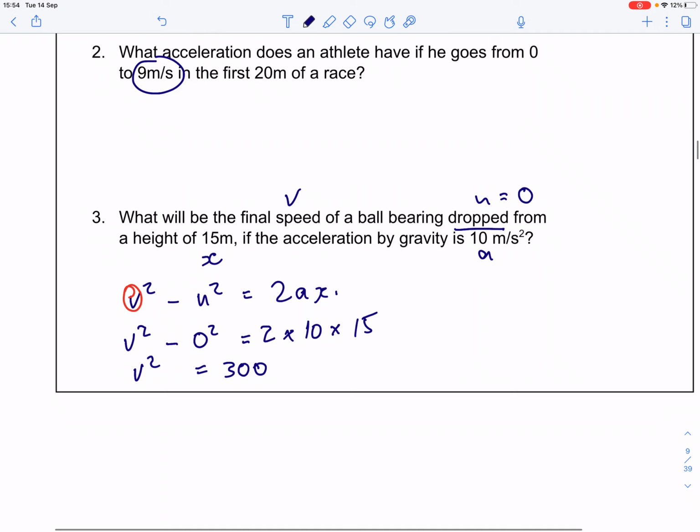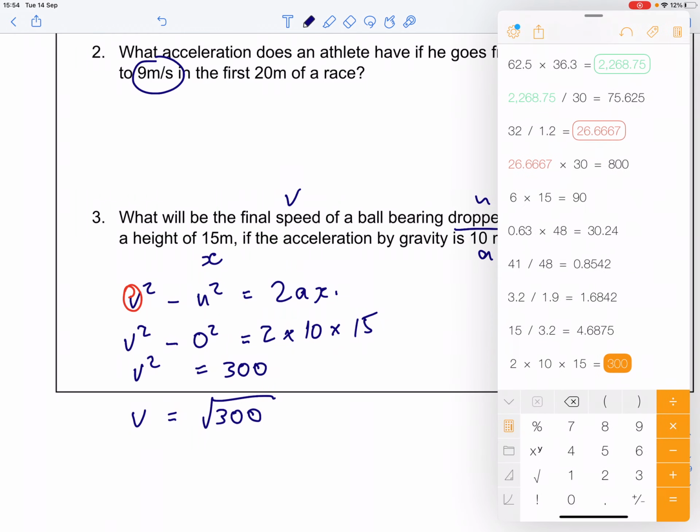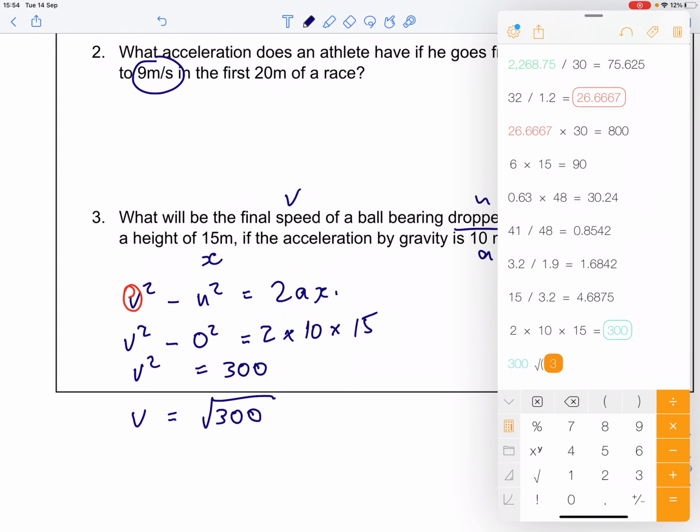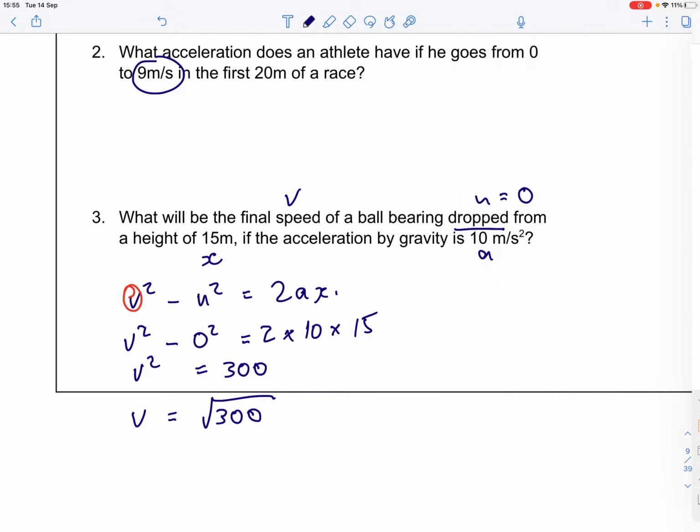It's quite simple to get to that point, and then we just take the square root of both sides, which gives us v is equal to the square root of 300. The square root of 300 equals 17.3. So the final speed is equal to 17.3 meters per second.